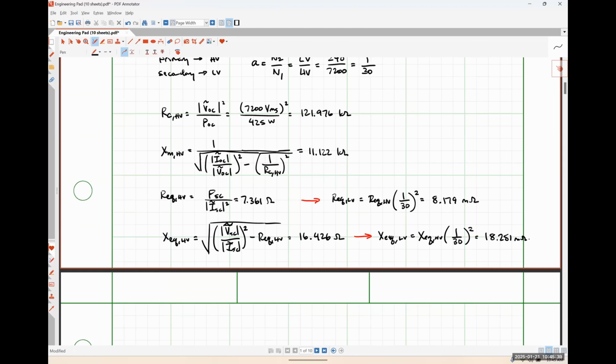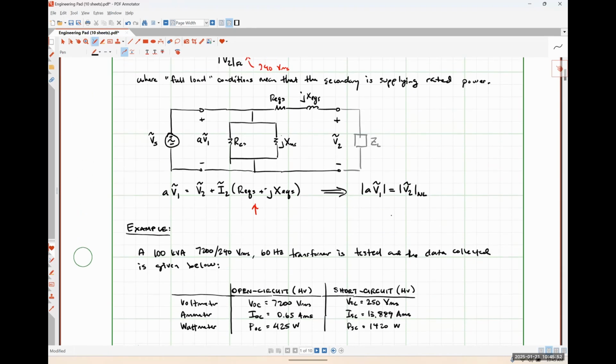So how are we going to find, and the reason why I'm asking this specifically, let me go back up to this equation, right? So we just figured out what this guy is and what this guy is. So how might we figure out what I2 is?